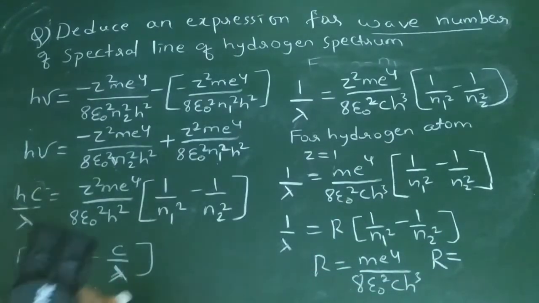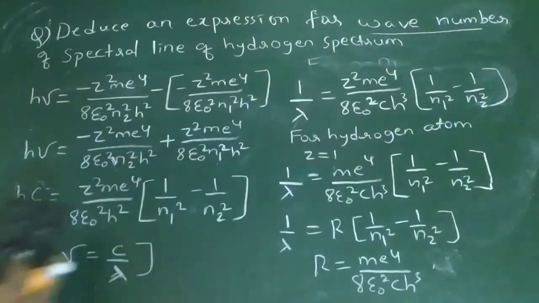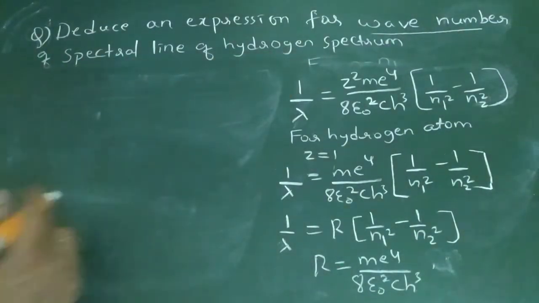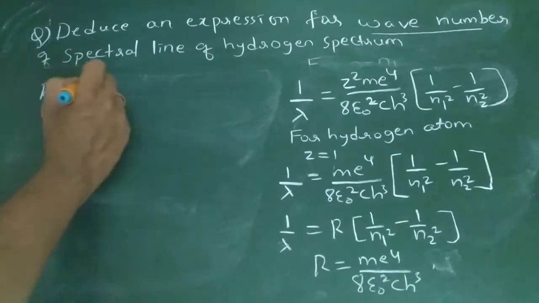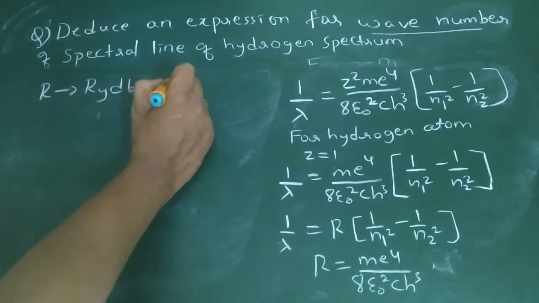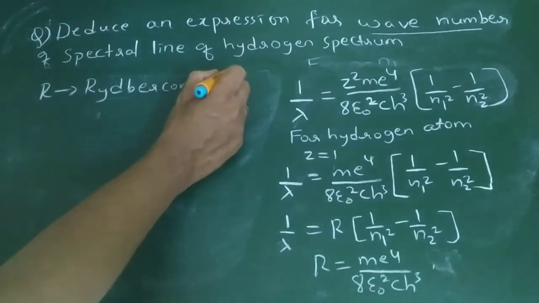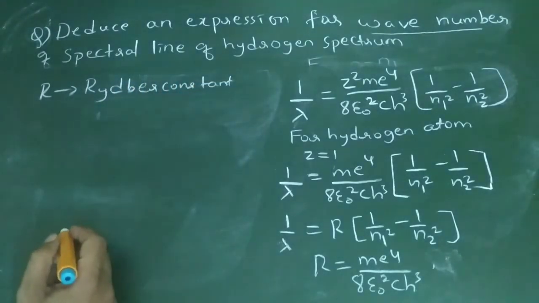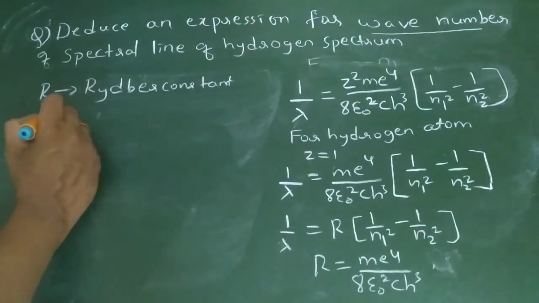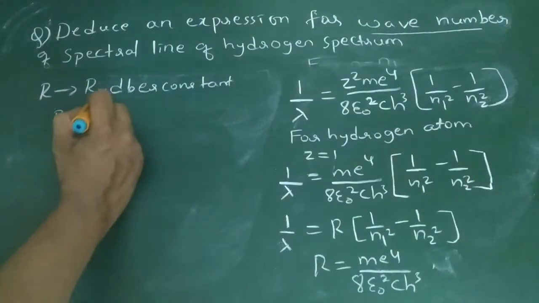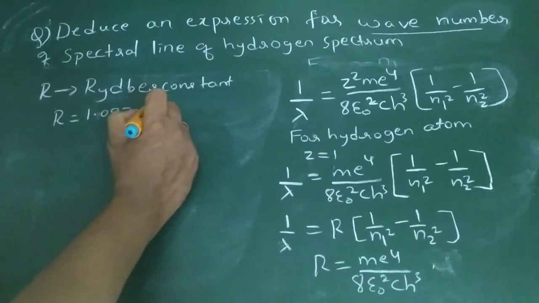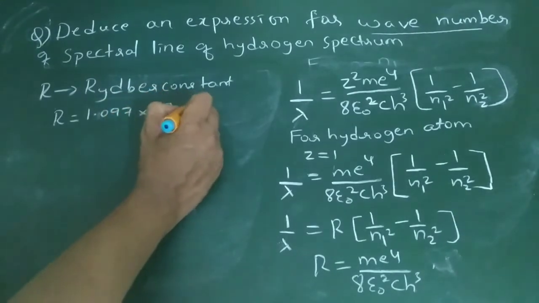Let me rub here and write better. Just note it down, where R we call the Rydberg constant. It can also be written as R is equal to 1.097 into 10 to the power of 7 per meter.